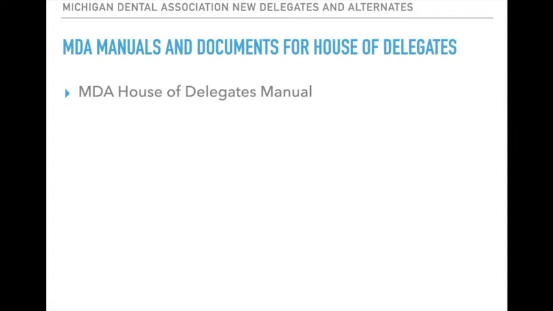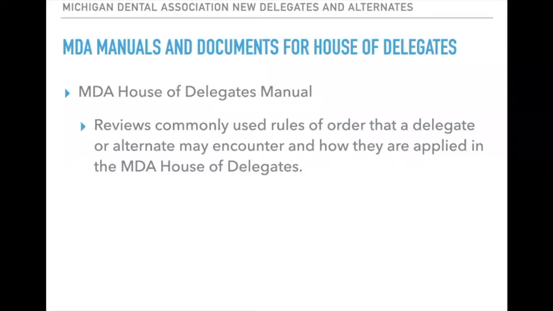So as I said before, we have the House of Delegates manual. These are all located online under the governance page, so you can download these. Now, the House of Delegates manual reviews commonly used rules of order that a delegate or alternate may encounter and how they're applied in our House. So a number of the things you'll see a little bit later are directly from that manual.